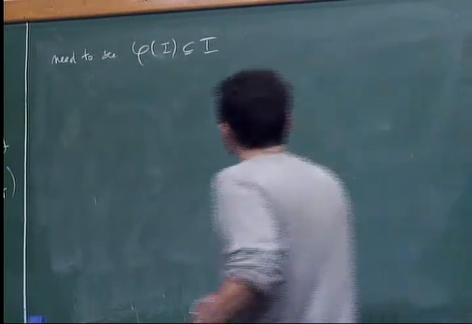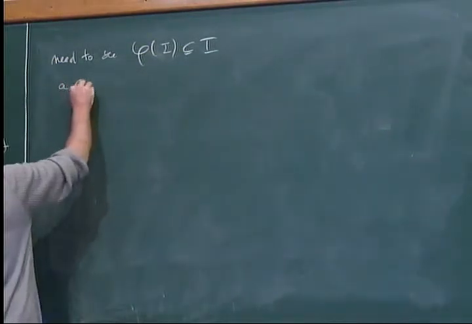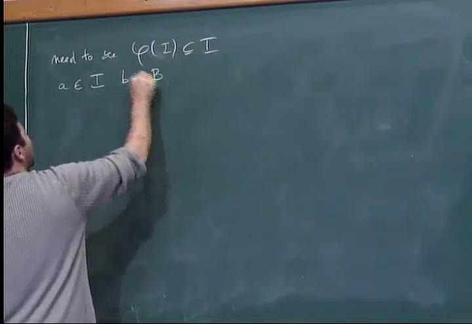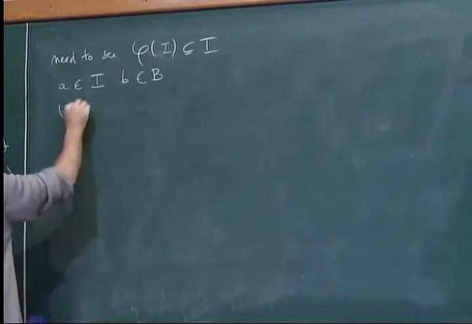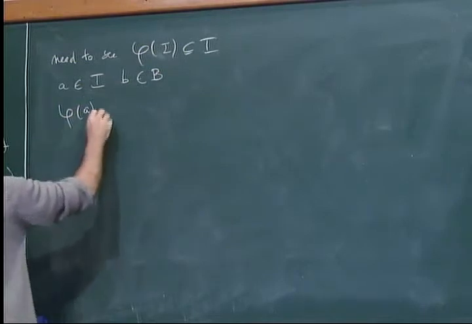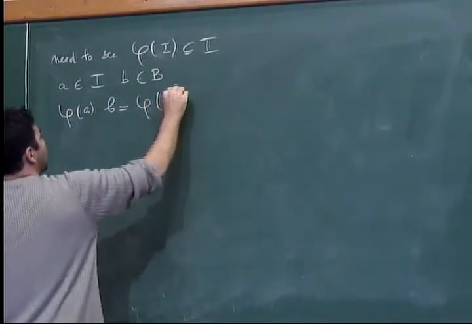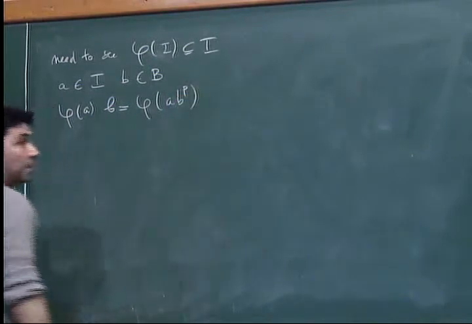So take a in I and b in B. So phi of a times b is exactly phi of a b to the p.